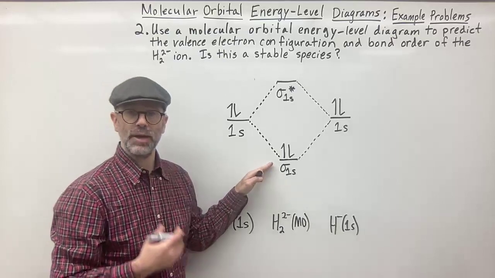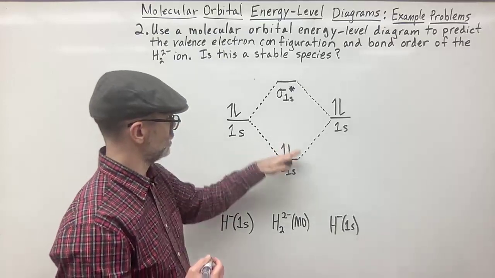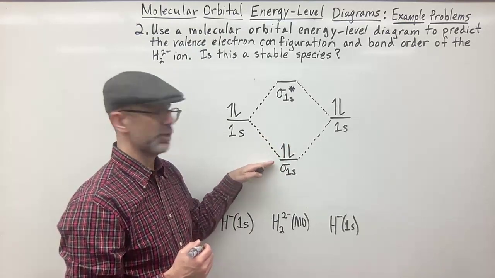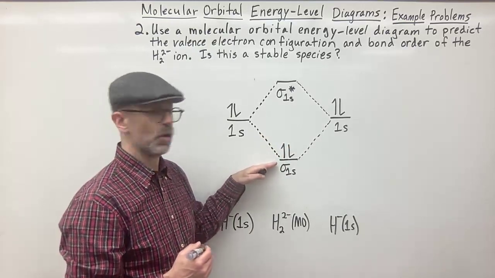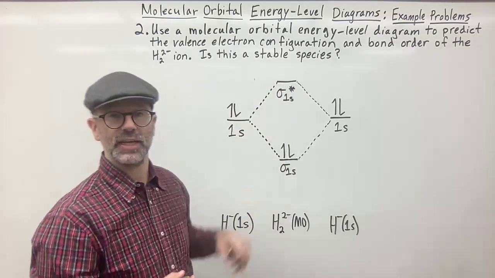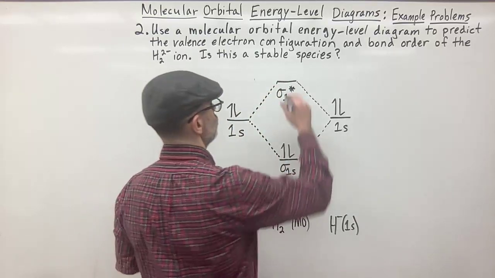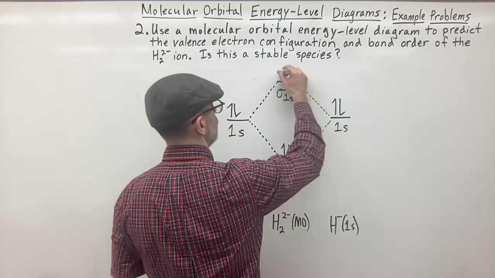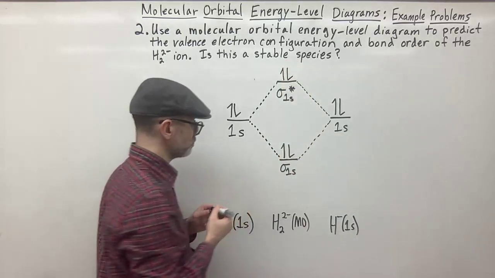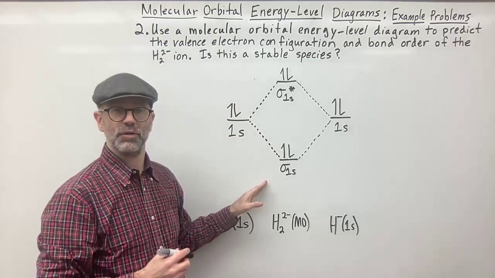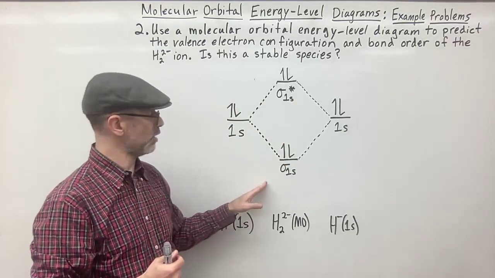We used 2, now we have 2 left. So since this is full, according to the Pauli exclusion principle, we're going to have to move up to the next higher one and start to fill that in. We have 2 electrons left, so those 2 are going to go into this one here. So now we have our molecular orbital energy level diagram filled in.